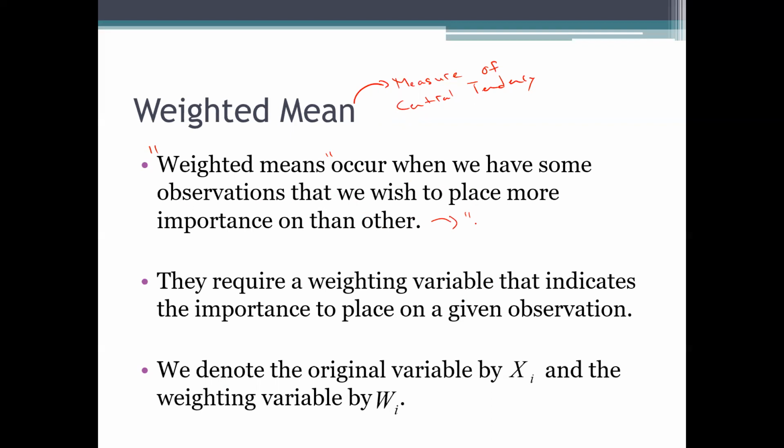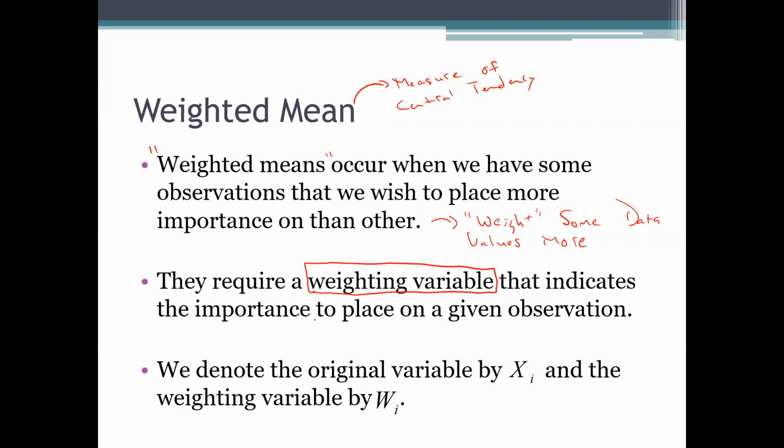The weighted mean occurs when you have some observations you wish to place more importance on than others. What I mean by that is you want to weight some data values more. Like if you look at a data set and think, this value is obviously more important, so I want to put more weight on it than others. To do this, you need to introduce what's called a weighting variable. A weighting variable indicates the importance you wish to place on some given observation.